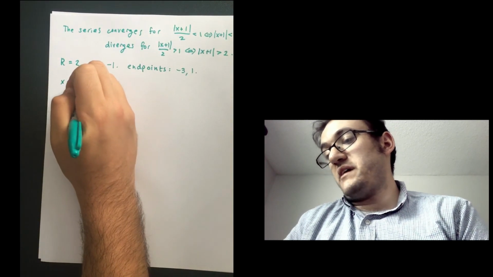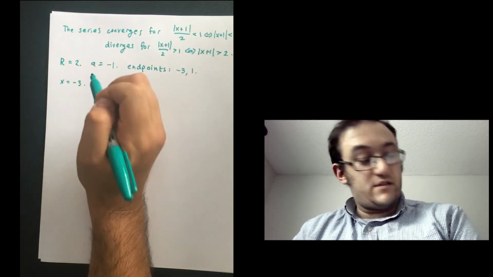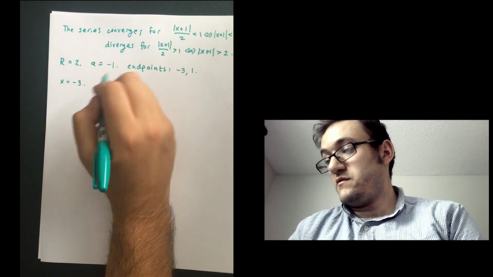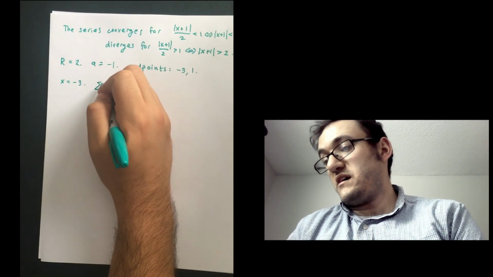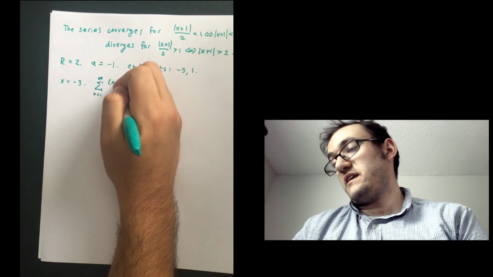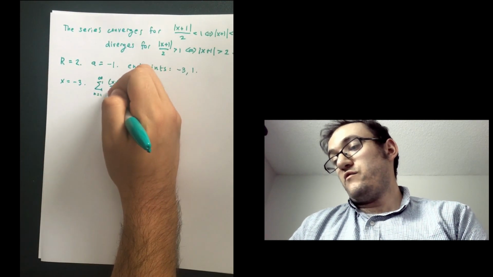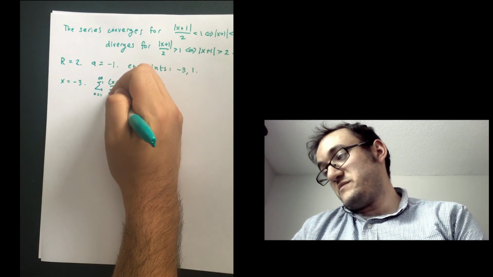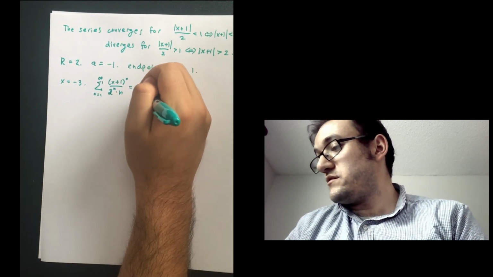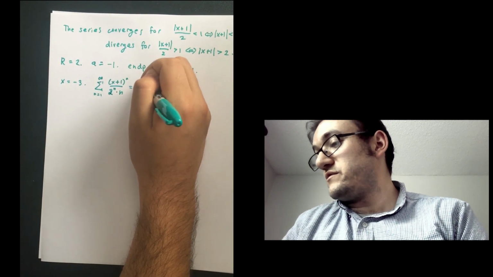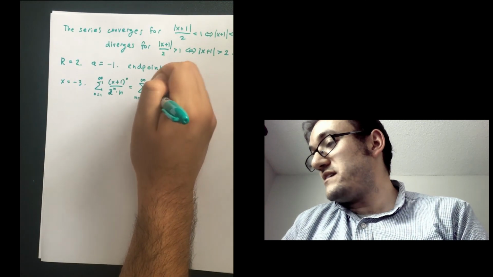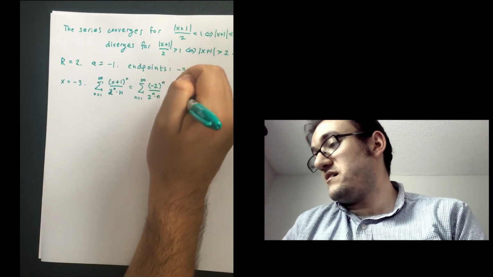At x equals minus 3, what does our series look like? We have the sum from n equals 1 to infinity of x plus 1 to the n over 2 to the n times n. And this is equal to the sum from n equals 1 to infinity of minus 2 to the n divided by 2 to the n times n.